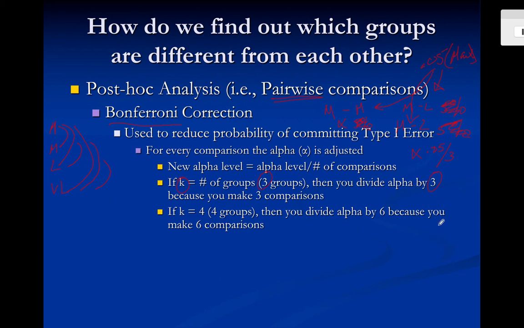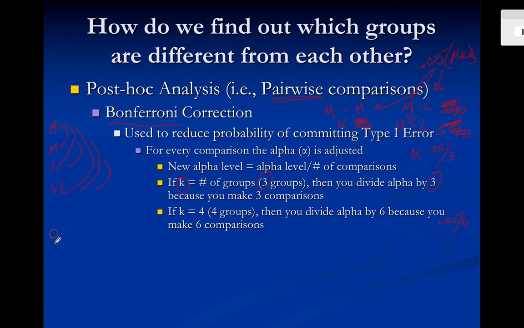If I had 4 groups and 6 comparisons, it would be 0.05 divided by 6, and all of a sudden we have a difference in my alpha level. So my alpha level here is split across 3 comparisons: 0.05 divided by 3. Now each comparison, rather than 0.05, gets an alpha level of 0.016.